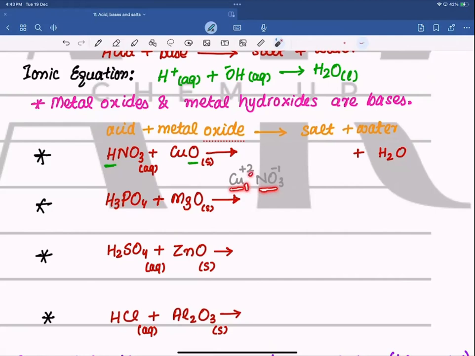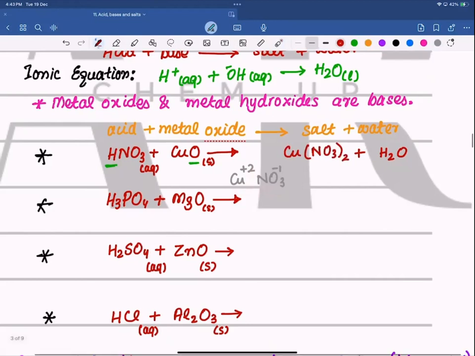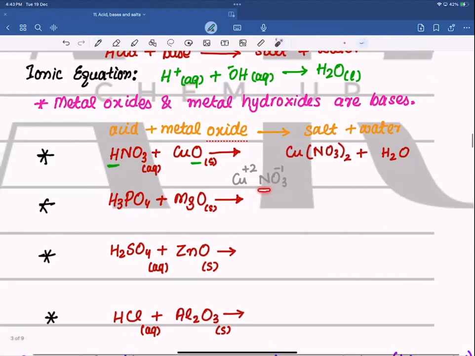And this 2 from copper is going to move to the subscript of nitrate. So as a result, the formula formed will be Cu(NO3) twice, because nitrate has two elements, nitrogen and oxygen.